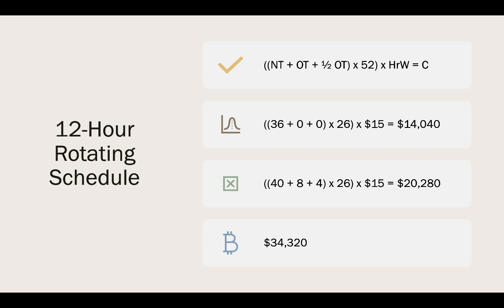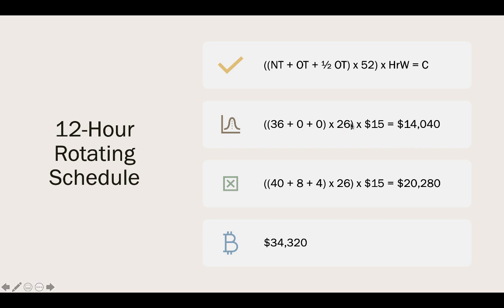So if we take our hourly wage rate formula here, we actually have to do it twice because we've got two types of weeks during that time period. In one week, I'm working 36 hours. You can see that here. I've got 36 hours of normal time. I don't have any overtime because I haven't gone over that 40-hour mark.